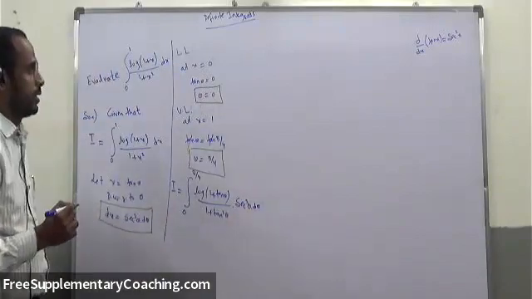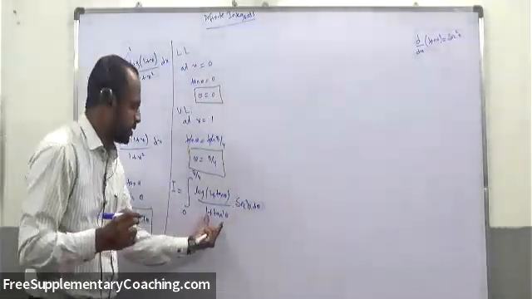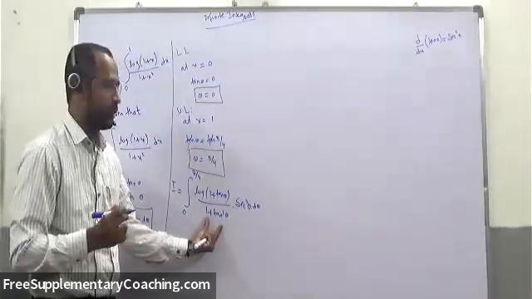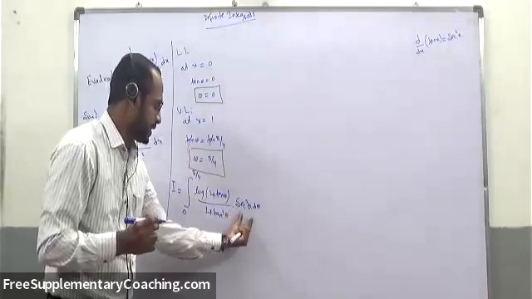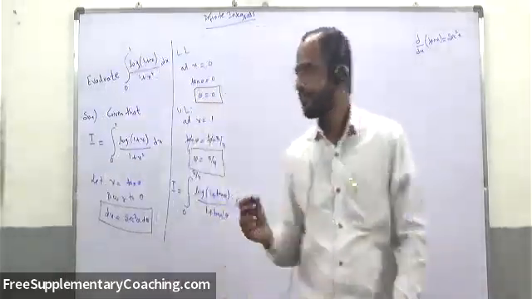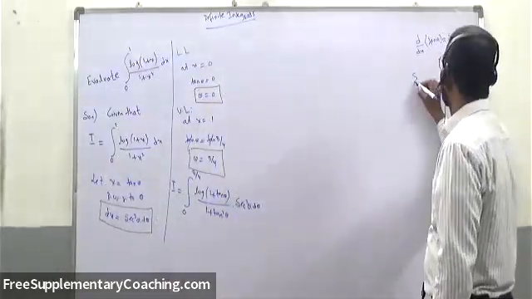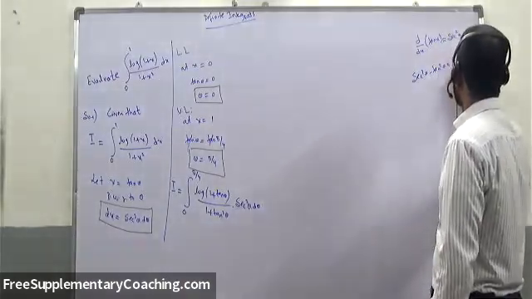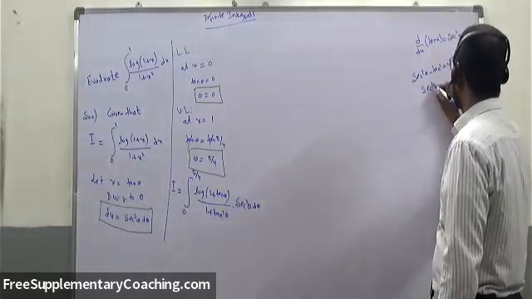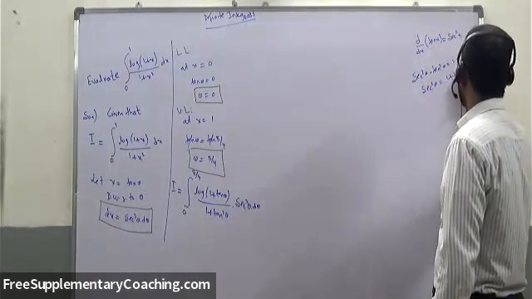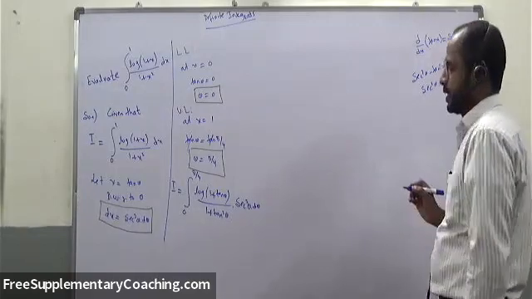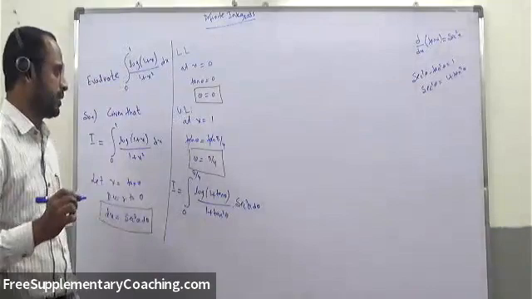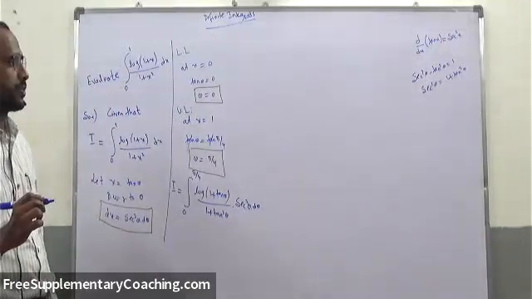Again, here the basic trigonometric identity we have to use and change this form to secant. How? Look here: secant square theta minus tan square theta is equal to 1, so secant square theta is equal to 1 plus tan square theta. In place of 1 plus tan square theta, I can write secant square theta.